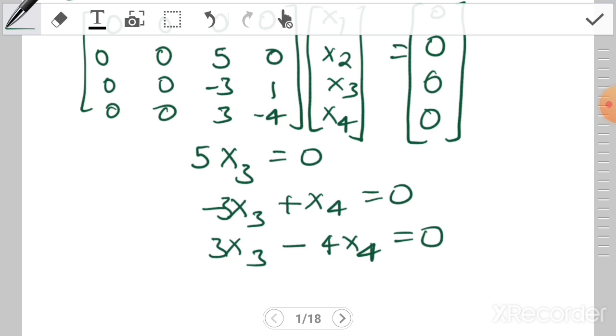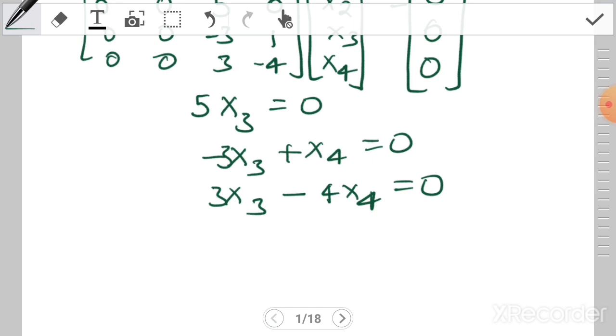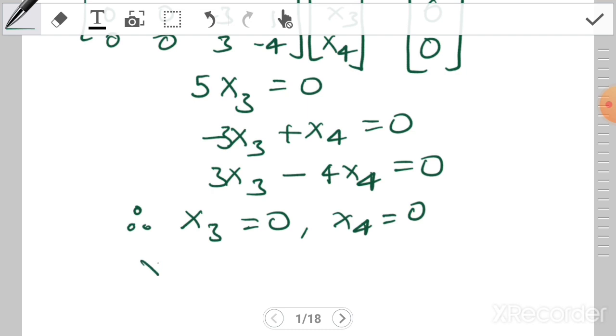So since x3 is 0, x4 is also 0. So we got x3 as 0 and x4 as 0, and x1 and x2 may be anything.